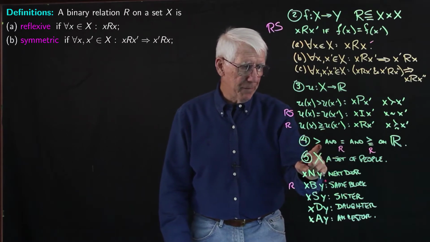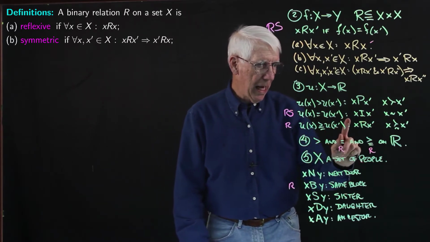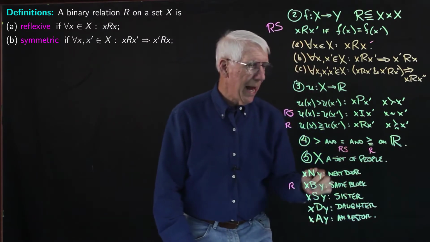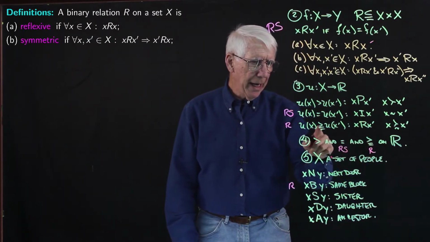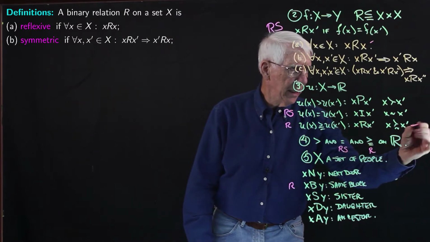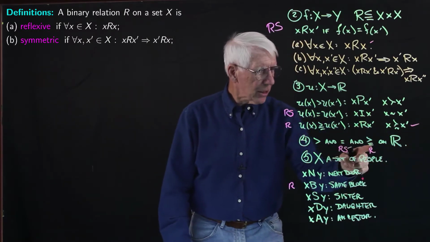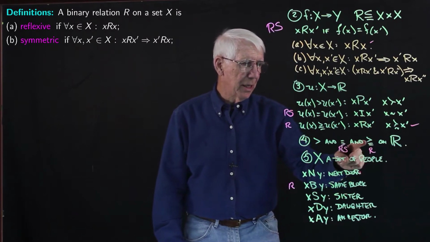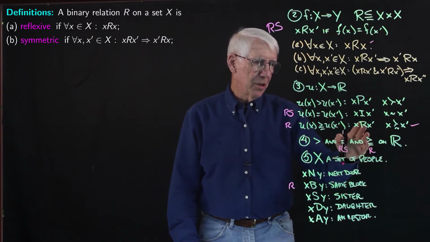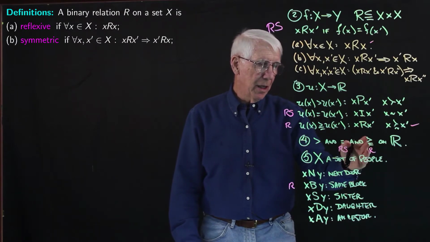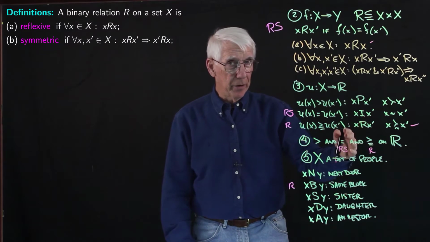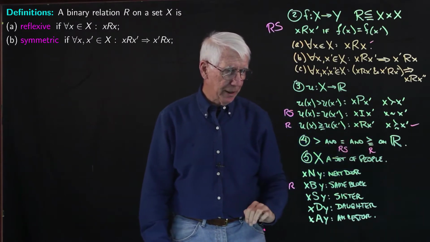This is clearly not symmetric. This is symmetric, of course. And this, unlike this one here, this actually, no, this is not symmetric either, because if x is greater than x prime, this would be true, but x prime wouldn't be greater than or equal to x, so this is not symmetric.